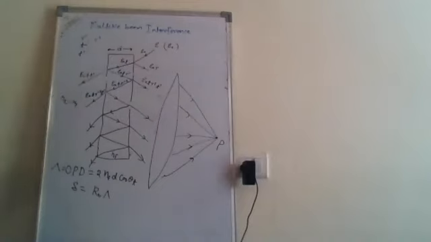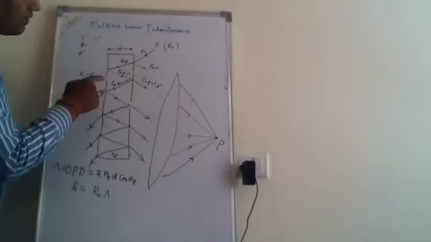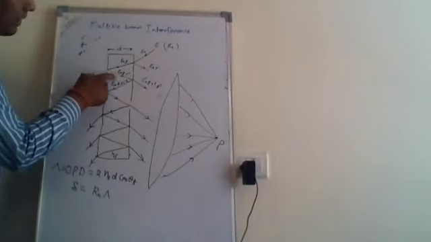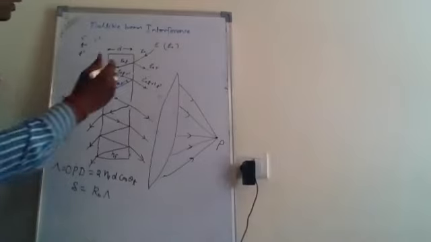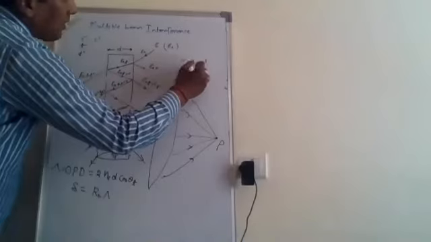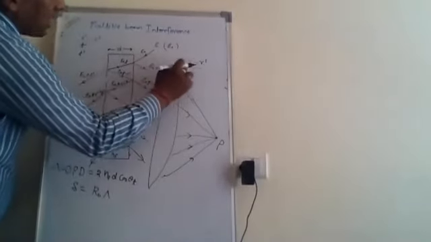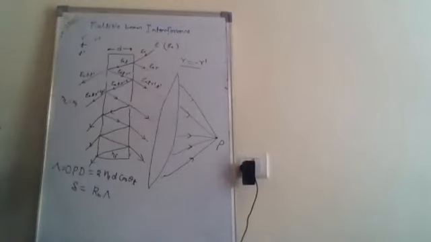It means that the reflection coefficient from this surface is r, and the reflection coefficient from this surface is r prime. So in this way r is equal to minus r prime, because this light has an extra pi phase difference compared to this. This is the relation we can see in this interferometer. So we will consider it.